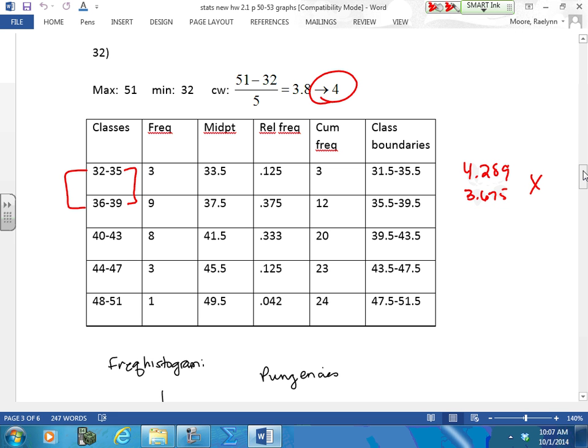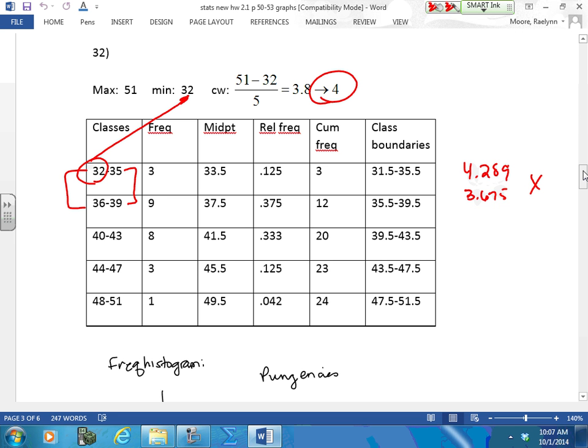Question here? I didn't count the first number when I did the class width, so I messed up. Yeah, so you messed up your table. This guy has to be your min number. You start at your min. And you go all the way through to your max. Now watch what's gonna happen.